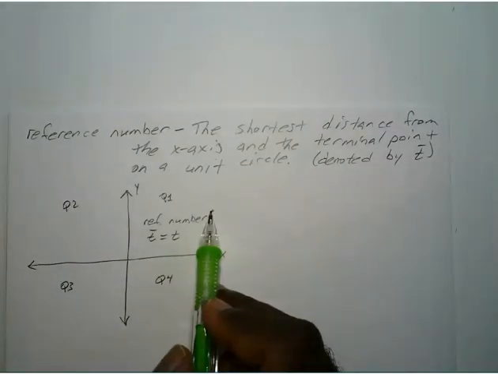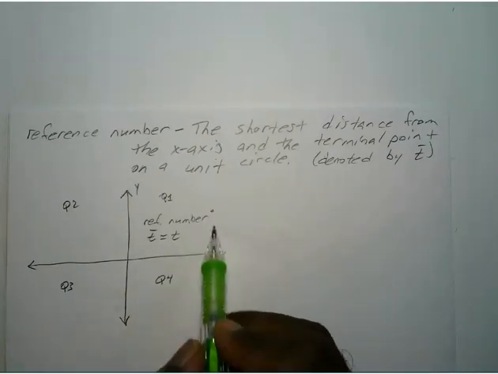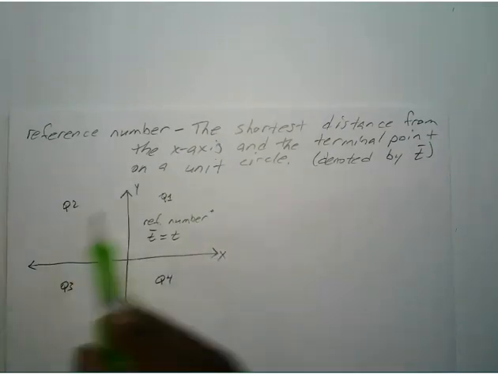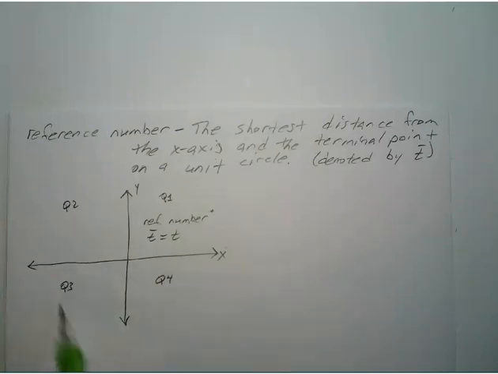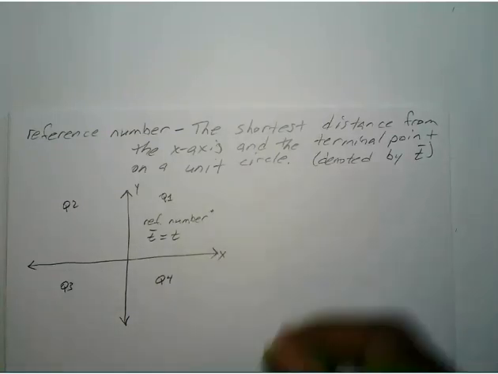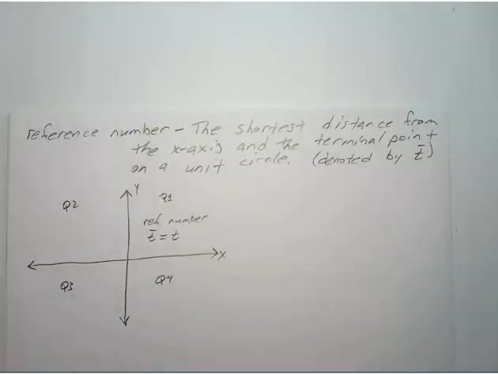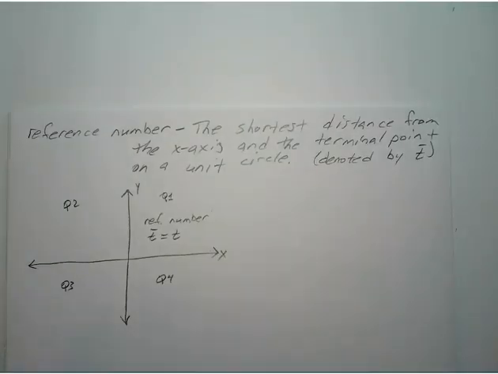So if our angle or our terminal point is here, we're only going to go up that far. There's no point in trying to go from this direction over here or from here to over here. We're just going to go right there. So your reference number is going to be equal to your terminal point.